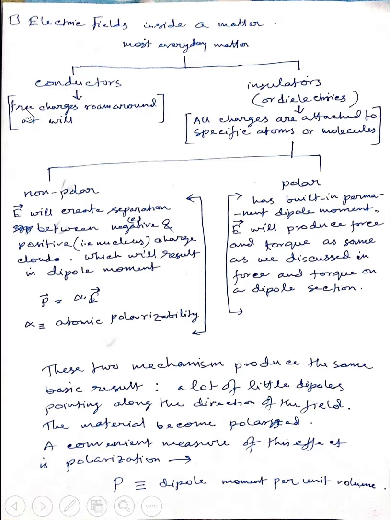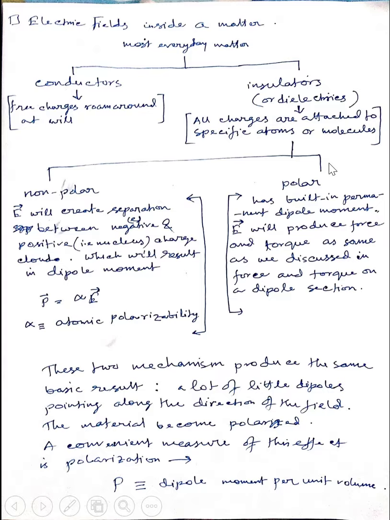For a conductor, you know that there are a lot of free charges which can roam around at will, right? I mean, if you apply an electric field, they can be rearranged easily, because all the charges are free.